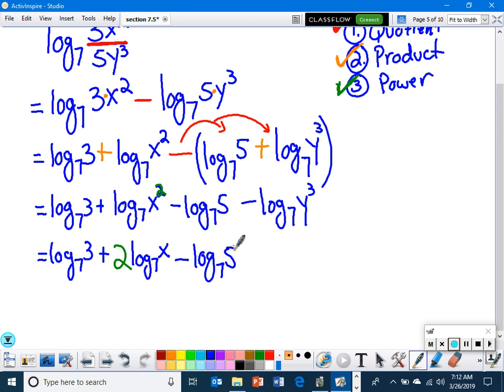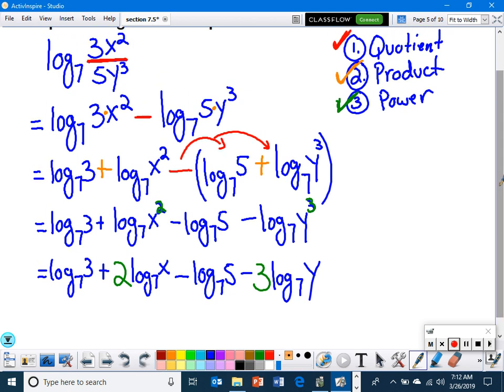There is no exponent, so that stays the same. Minus, and then this 3 is going to go in front. And that is the expanded form of the problem that we started with. Again, if you need to, rewatch that very carefully.